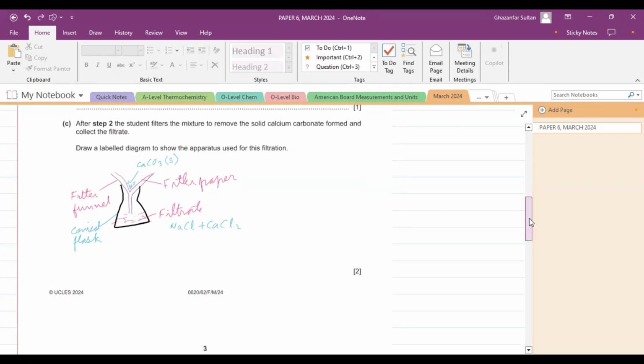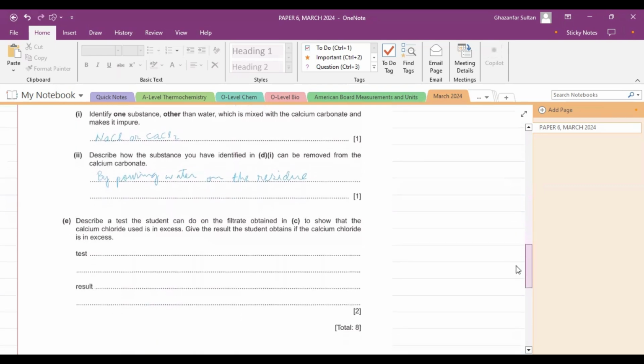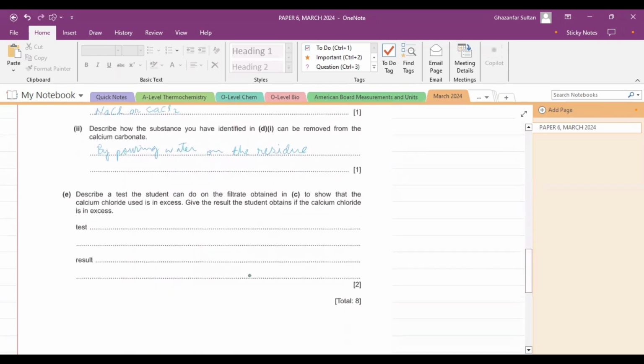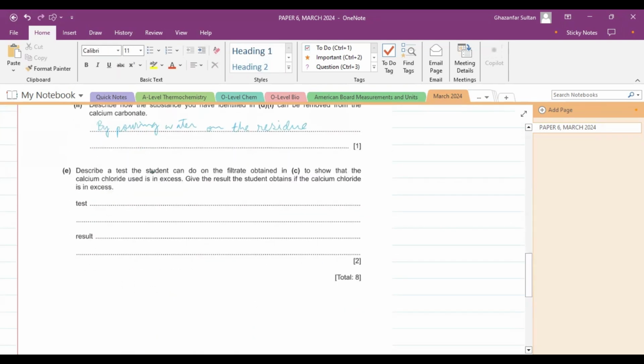So which test can you carry out? See, there are two ways. Number one, if you want to check whether there is calcium or not, you should carry out a test for calcium.